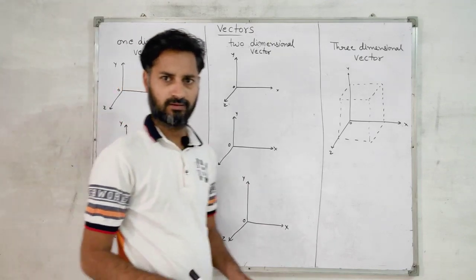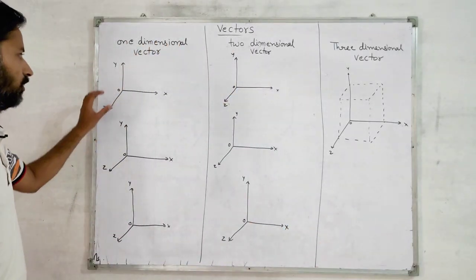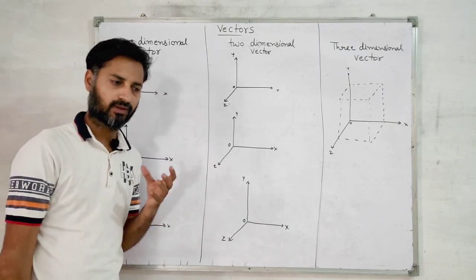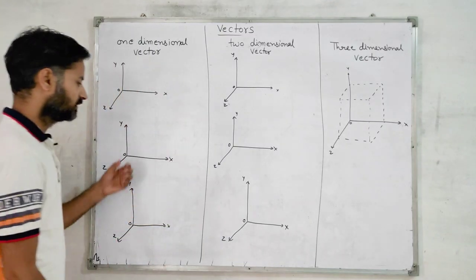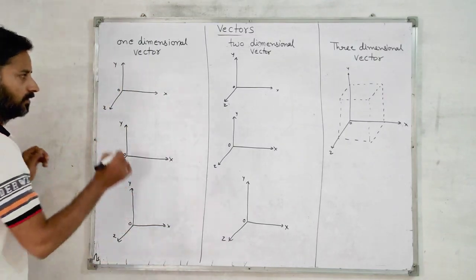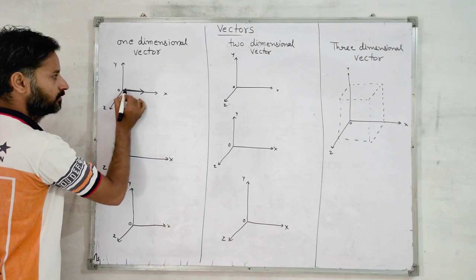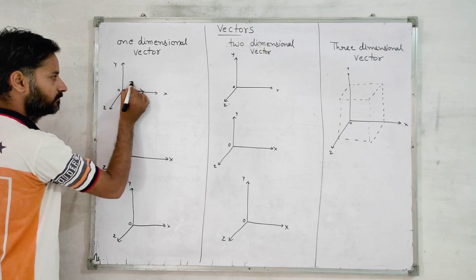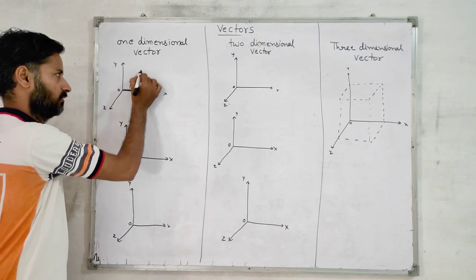One dimensional, two dimensional and three dimensional vectors. One dimensional vector. In this vector we have only one dimension which can be x, y or z. Let our vector be along the x axis and this is r vector. Then how can we write this?